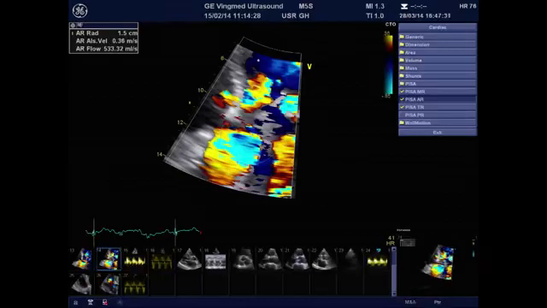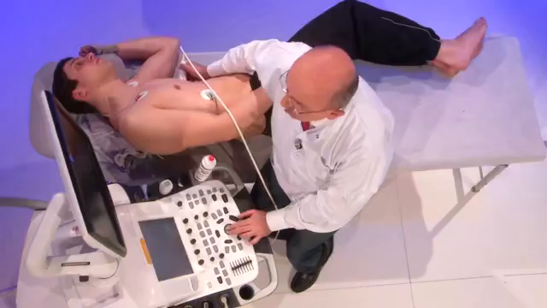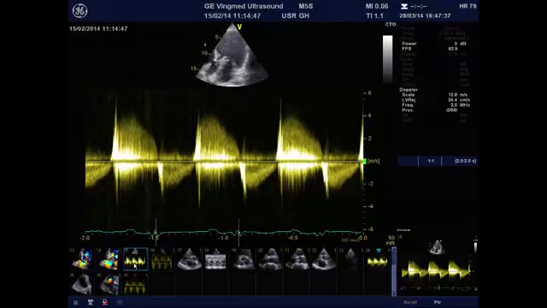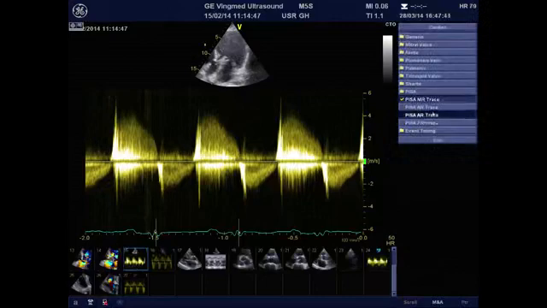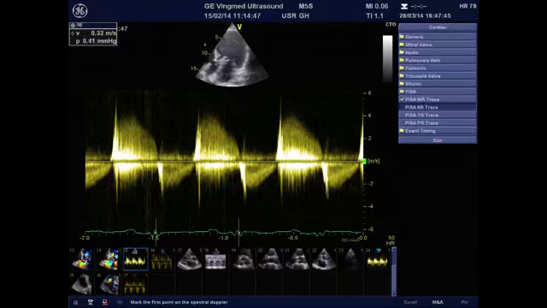And also we need the second measurement, which is the continuous wave recording of the aortic regurgitant jet. And if we make again this measurement of the trace of the aortic regurgitant jet by continuous wave Doppler, we can obtain a quantification of the severity of the aortic regurgitation.